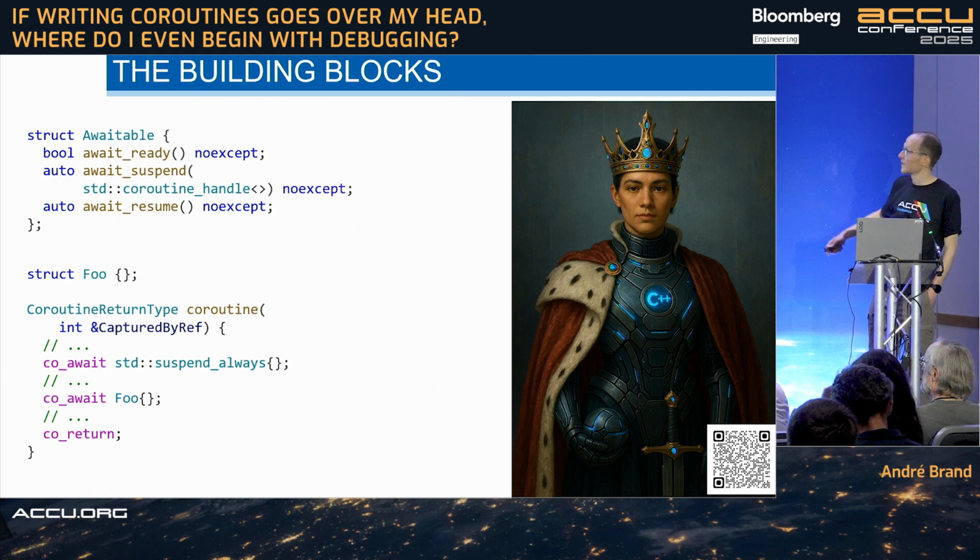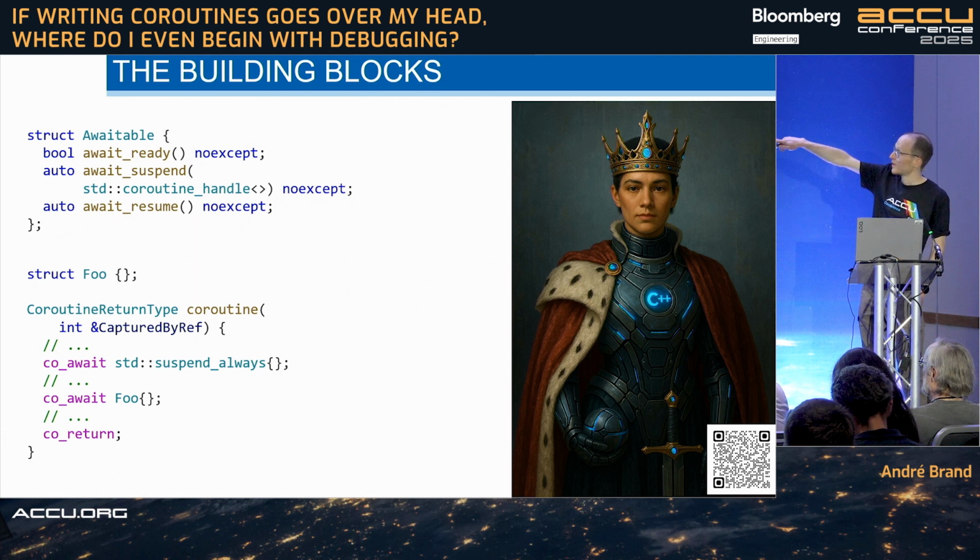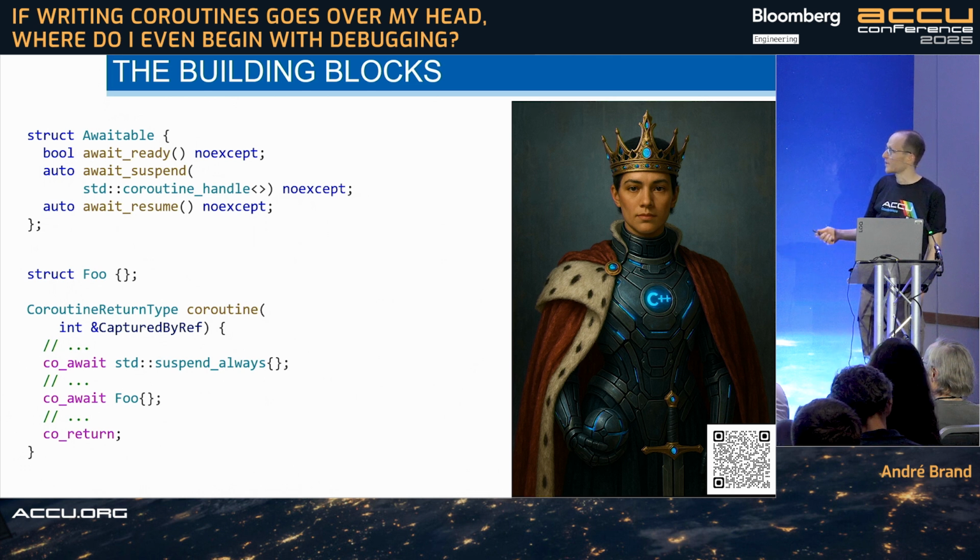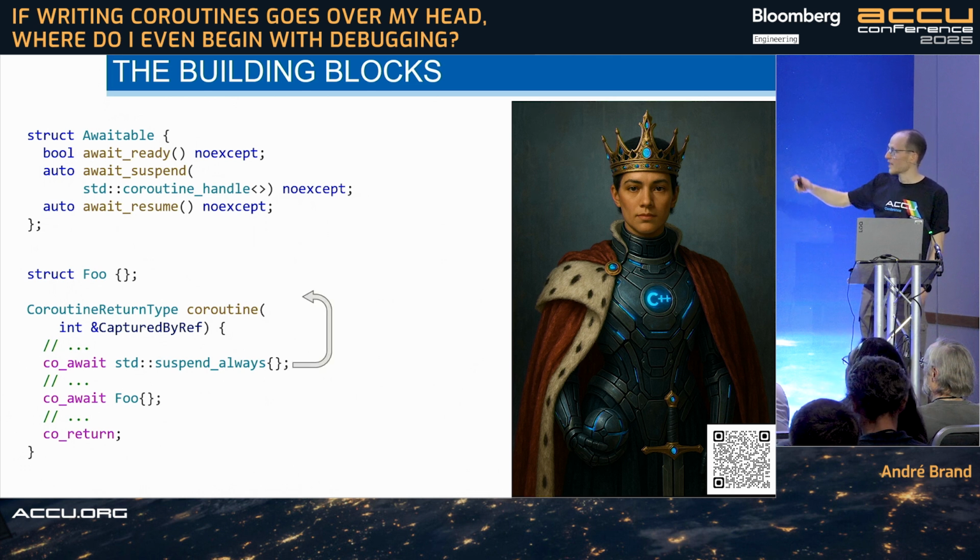Then what you can do is, in our coroutine return type, co_await on any of the awaitables. So the examples we had already. So co_await suspend always, we are sure of that. If you await on this, suspend always means that the control flow returns back to the caller of the coroutine return type.